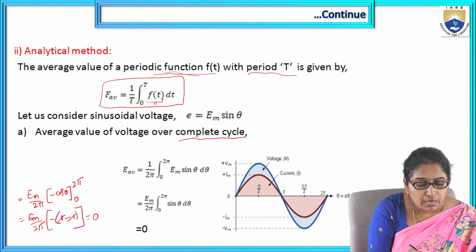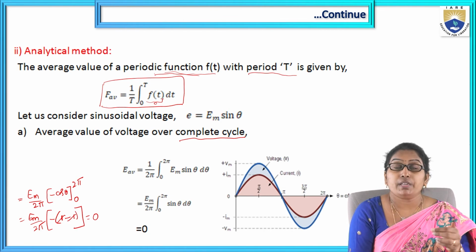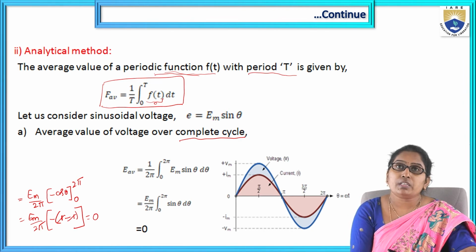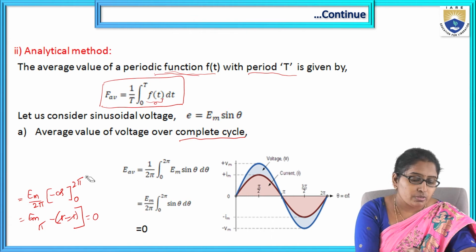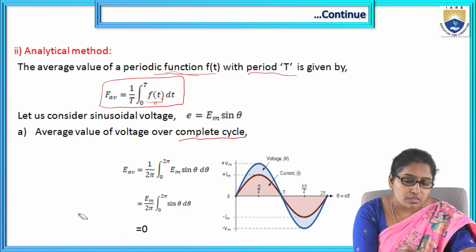So the average value of a sinusoidal signal for a complete cycle is 0. Now do it for half cycle.